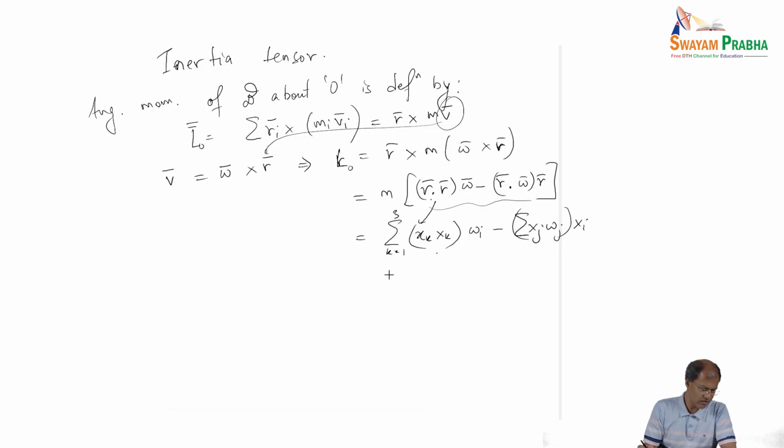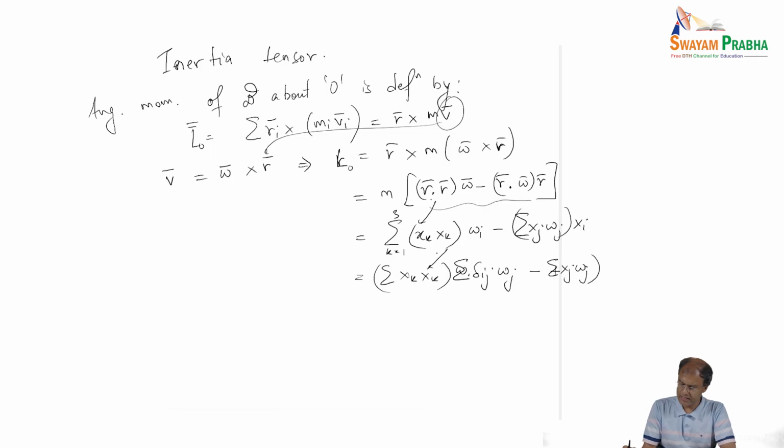So notice that, let me rewrite this. This is also equal to summation xk, and I'm writing it in terms of delta notation here. So this is summation delta ij omega j minus summation xj omega j xi, right? So summation j from 1 to 3 of xj omega j xi.